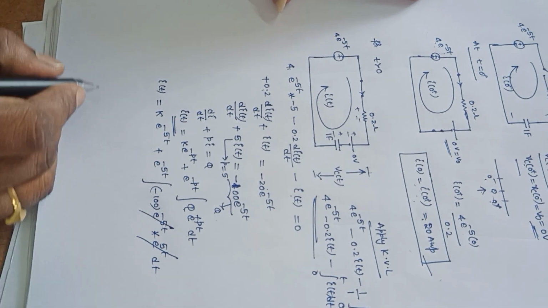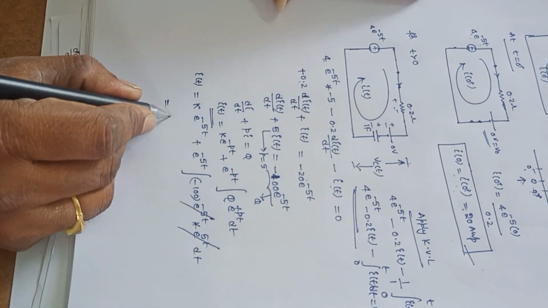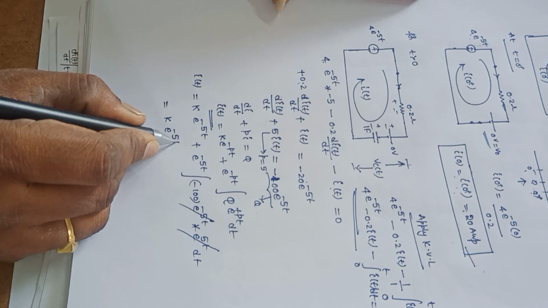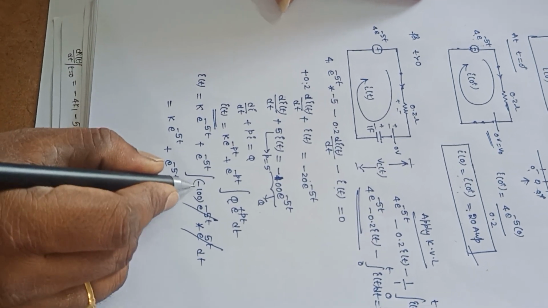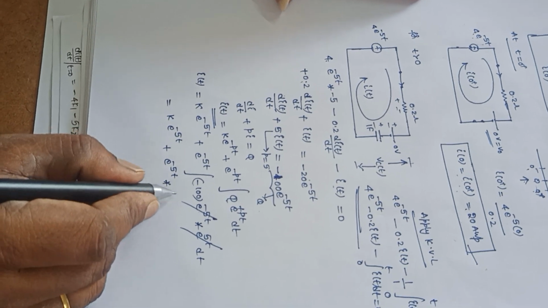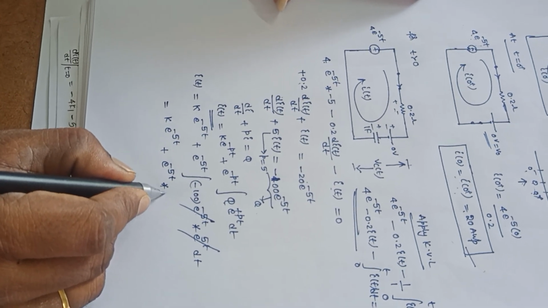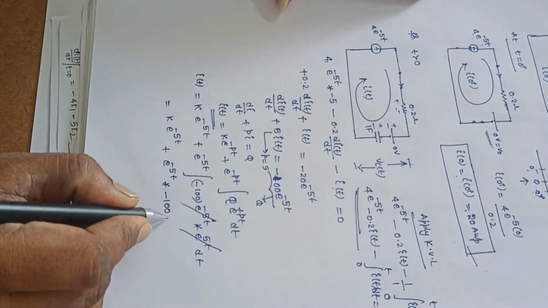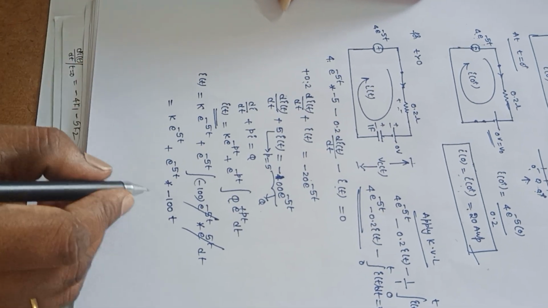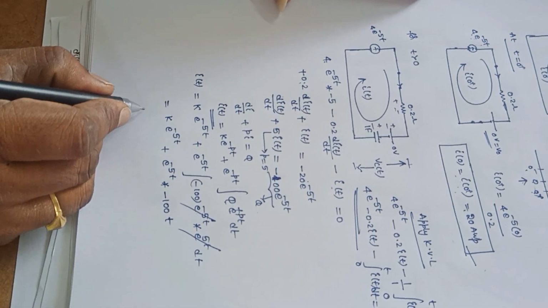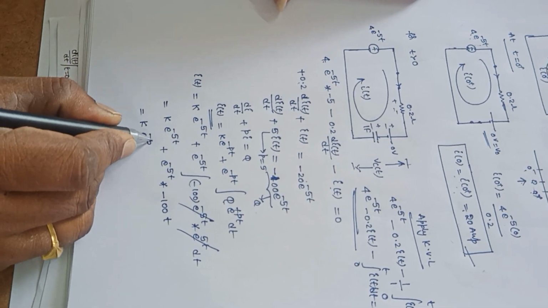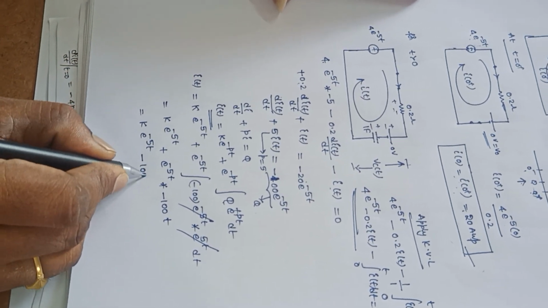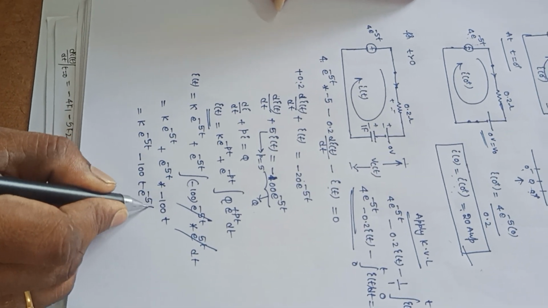So this 5t will get cancelled here. So k into e power minus 5t plus e power minus 5t into minus 100. If I integrate this one, it will become minus 100t. So substitute here: k into e power minus 5t minus 100 into t into e power minus 5t.